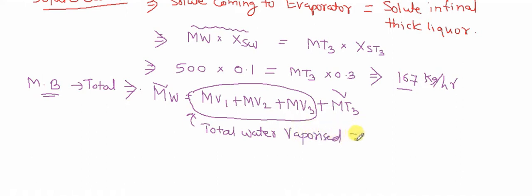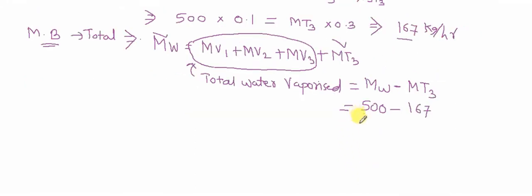And this total water vaporized will be how much? MW minus MT3. We know the value of MW is 500, we have calculated MT3 as 167, and that gives total water vaporized in this triple effect evaporator as 333 kg per hour.